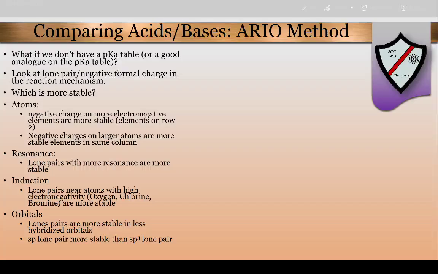And we are going to do that using a method that is called the ARIO method.